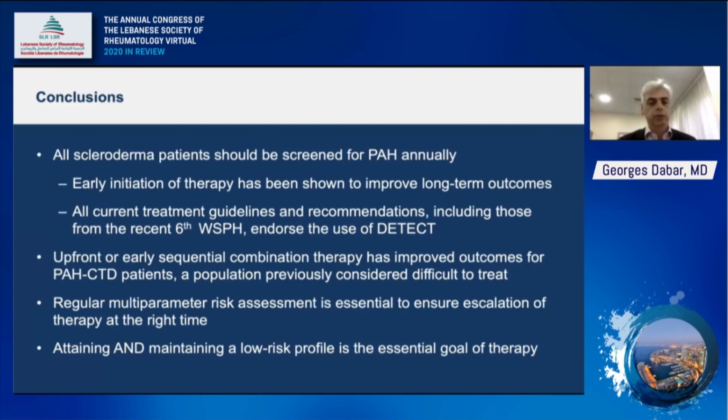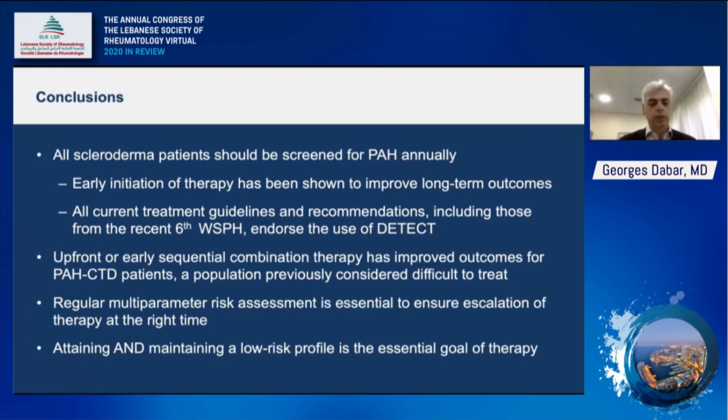As soon as you have pulmonary arterial hypertension, the way we defined it, you classify your patient according to symptoms as WHO class 1, 2, 3, and 4. And then you put the risk, which is low risk, intermediate risk, or high risk, and you initiate therapy.